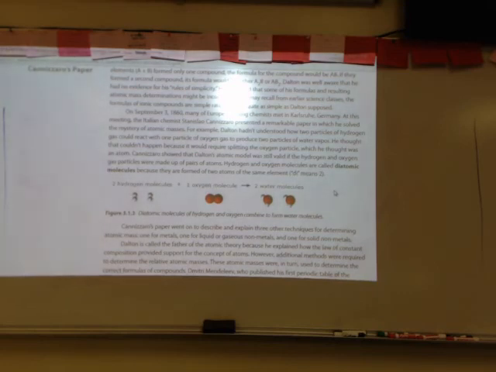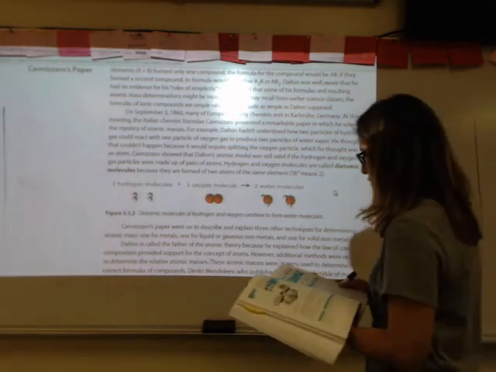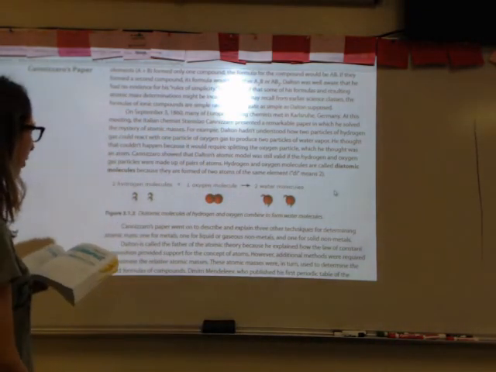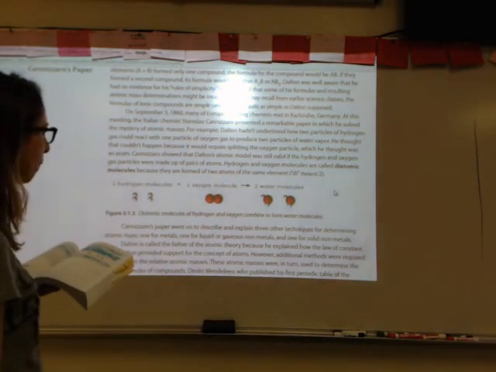So Dalton didn't understand how 2 particles of hydrogen reacted with a particle of oxygen to produce 2 particles of water. He thought that it couldn't happen because you would have to split the oxygen, and he thought it was an atom. But Cannizzaro showed that Dalton's atomic model was still valid if the hydrogen and the oxygen gas particles were made up of pairs of atoms.